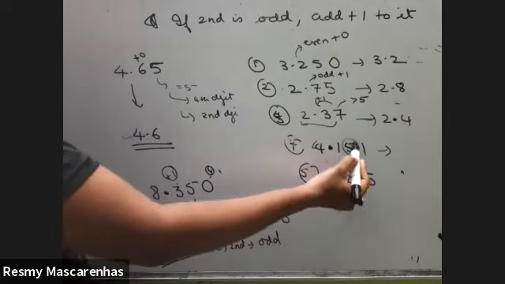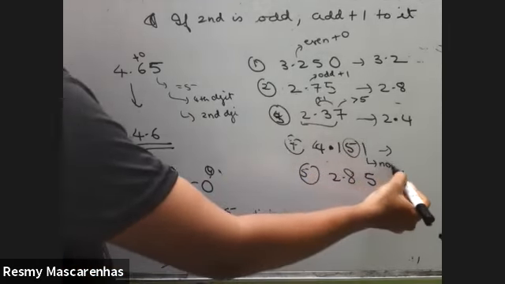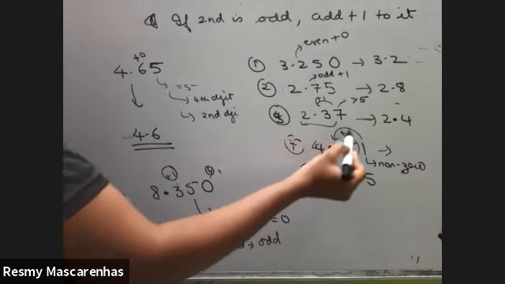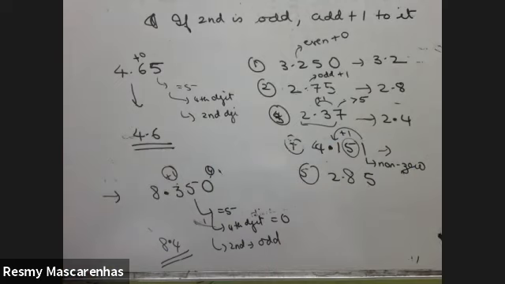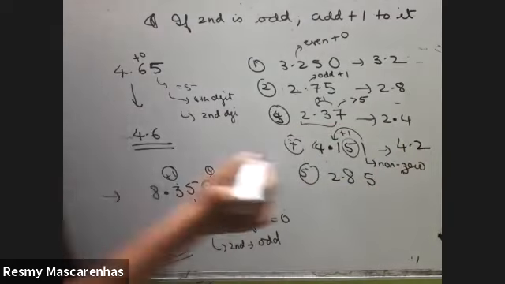This is 5. Now we have to go to the fourth digit. So the fourth digit is non-zero. Whenever it is non-zero, I told you straight away plus. If the fourth digit is non-zero, it will always be plus 1. Answer will be 4 point.